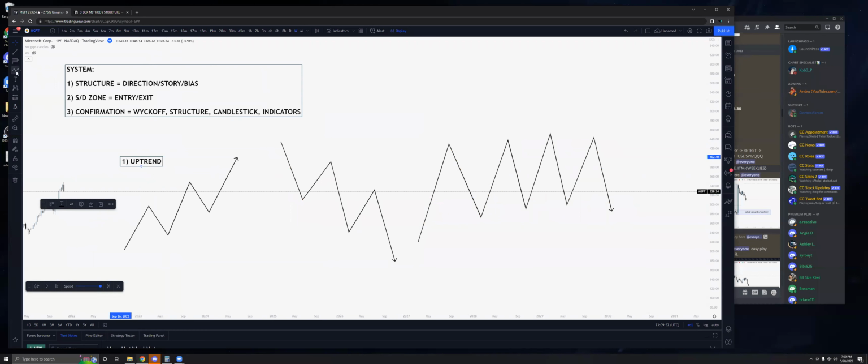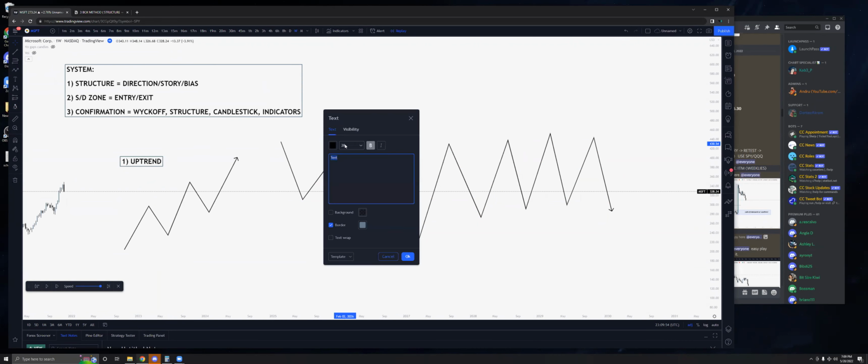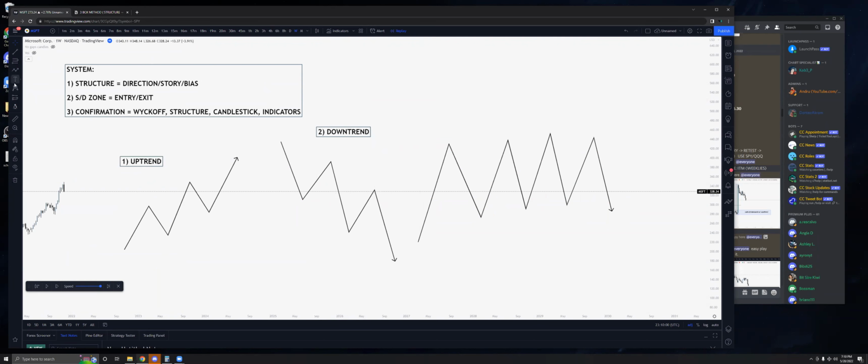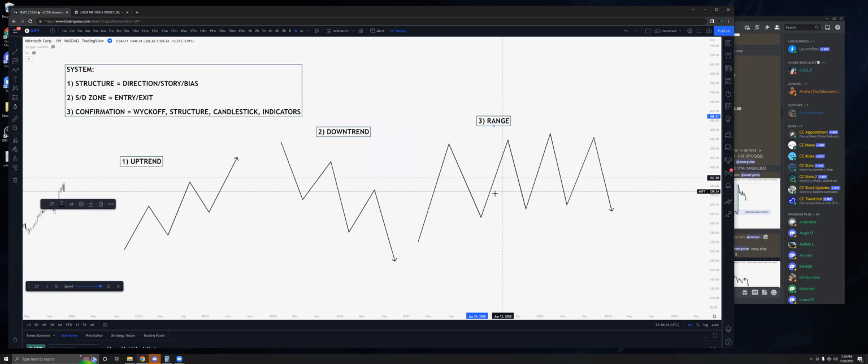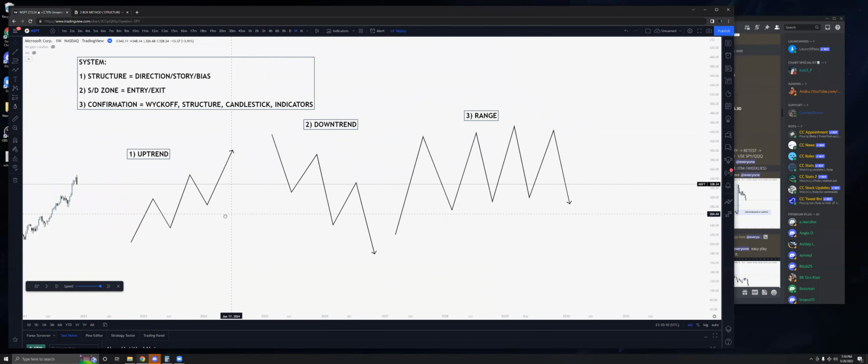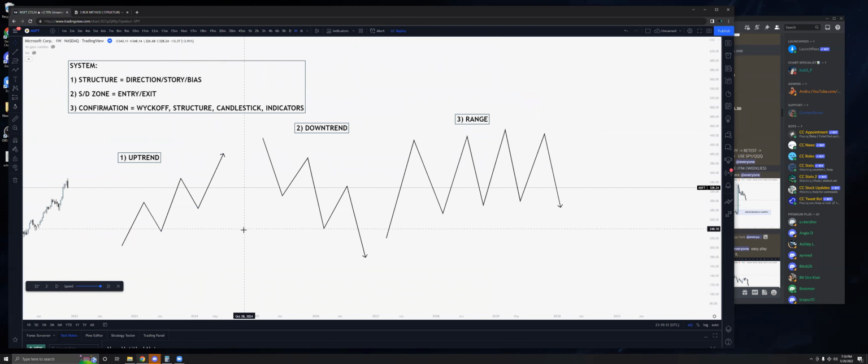So one's the uptrend, the second is the downtrend, the third is the range. A range is pretty much the same thing as a consolidation, but I just call it range. Other than that, this is what we see in the markets, the phases.